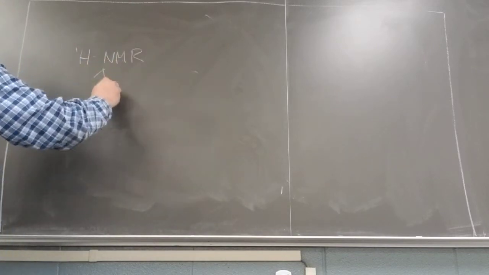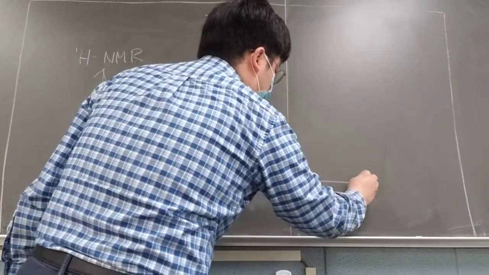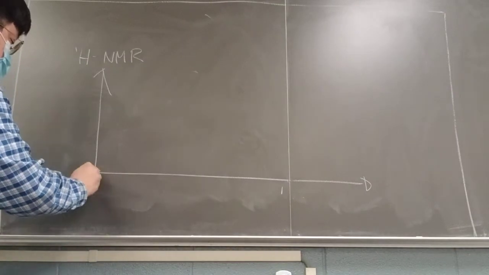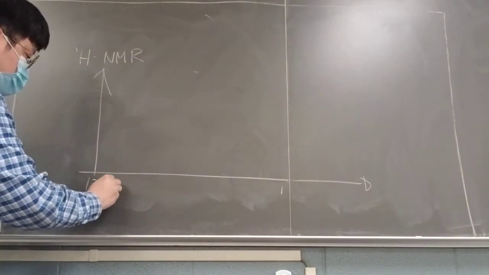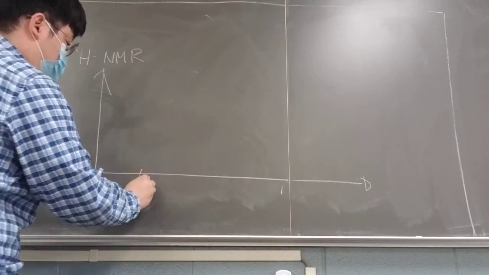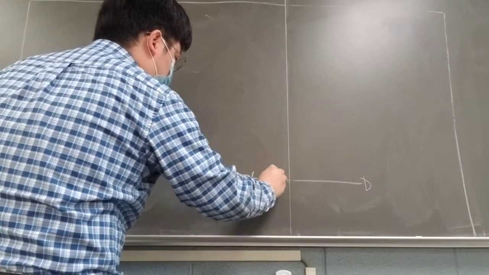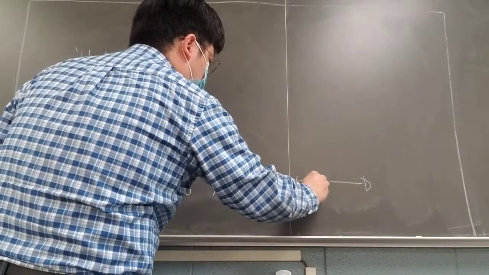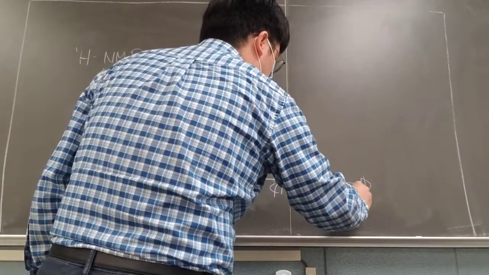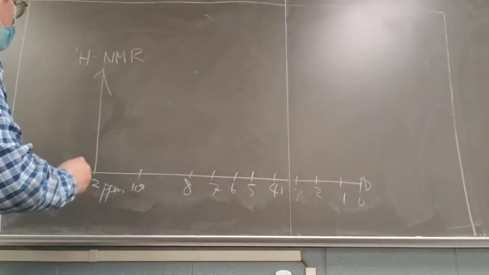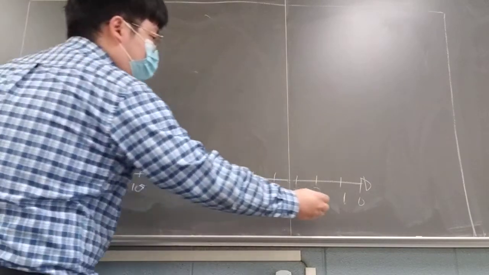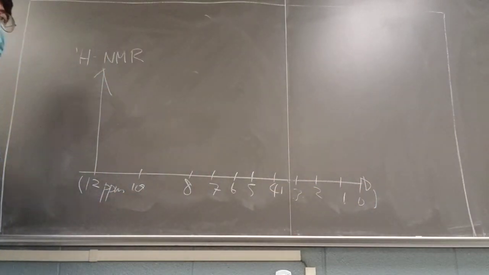All right, so when you think about this one, just a brief idea how you're gonna do this. So this is the scale you can see over the NMR here.